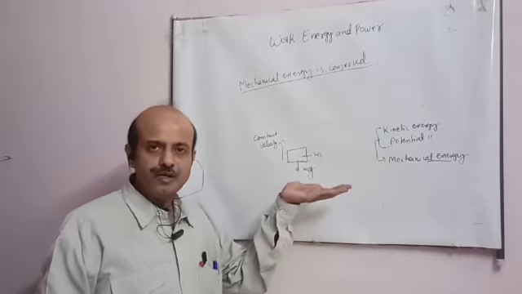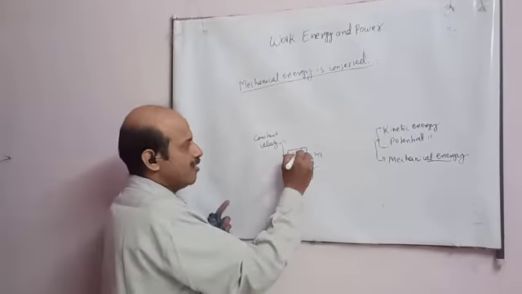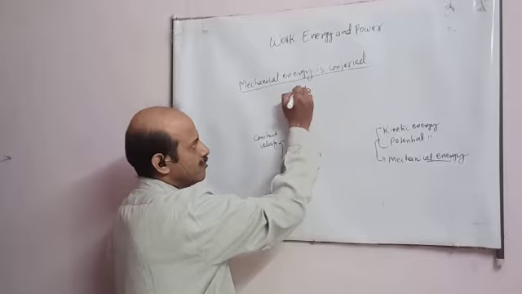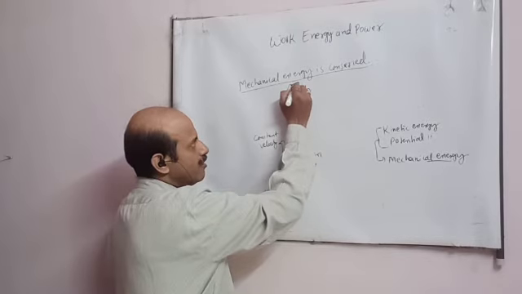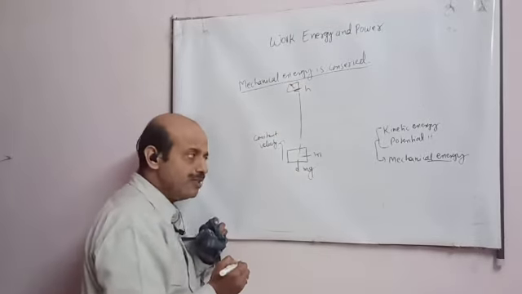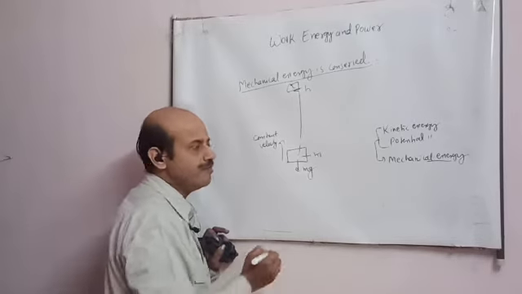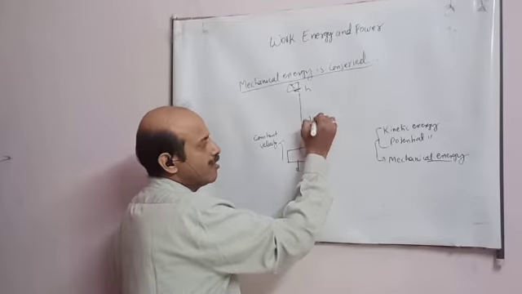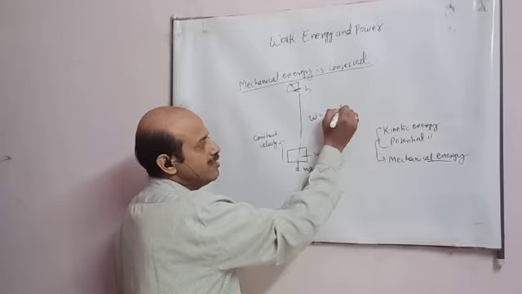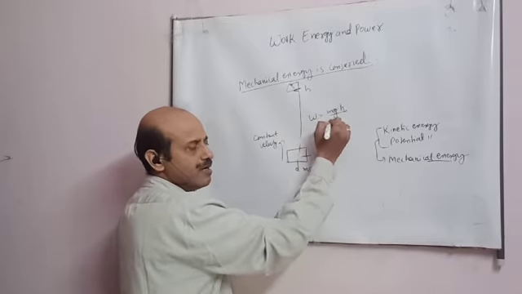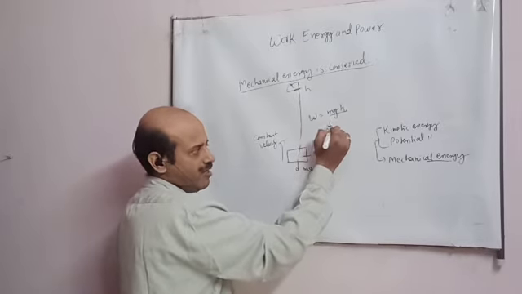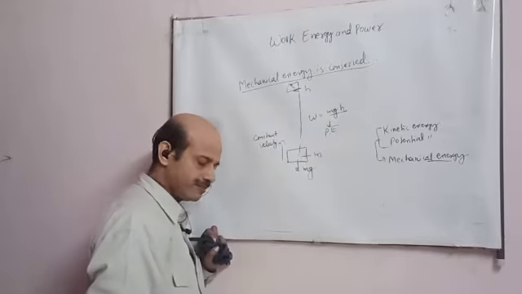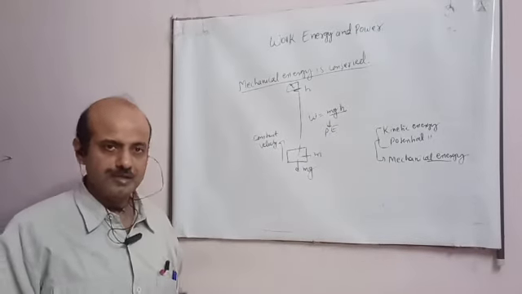Then only I can lift it up. Say I lifted it up to a height h and kept it here. So in this case, student, the work done by me is force into displacement, mgh. This work done is stored as potential energy, student.